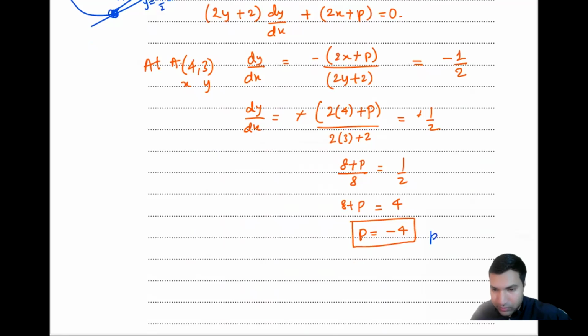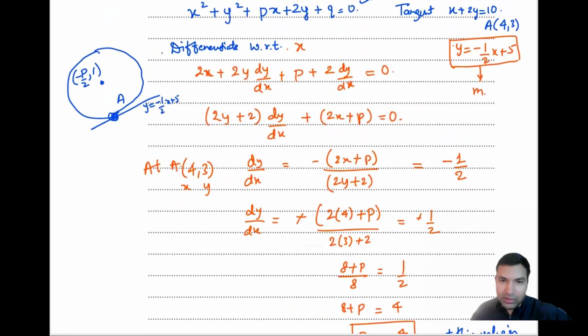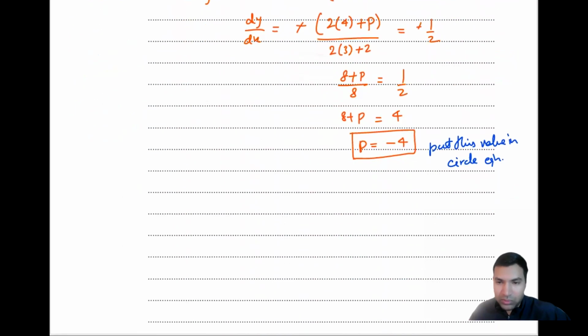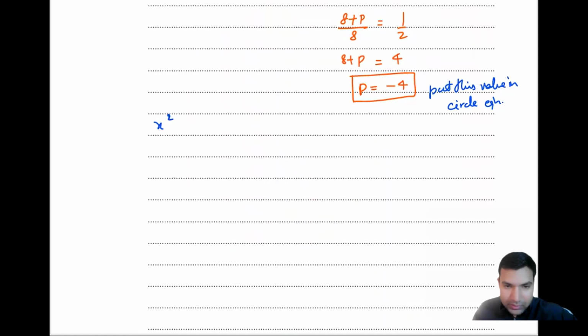So put this value in the circle equation, which is the initial equation of this. So x squared plus y squared plus px plus 2y plus q equal to 0, right?